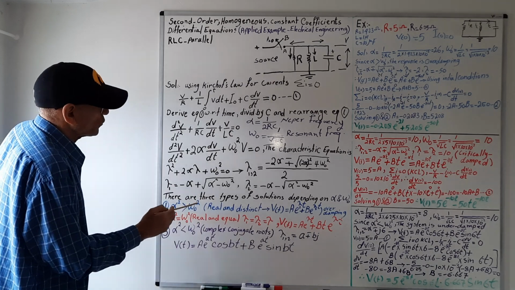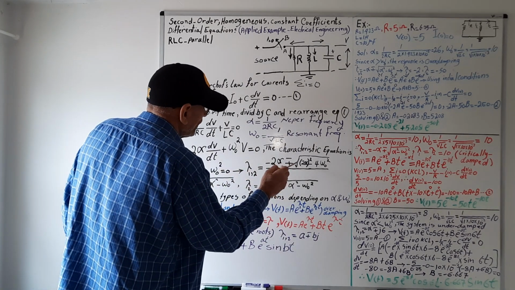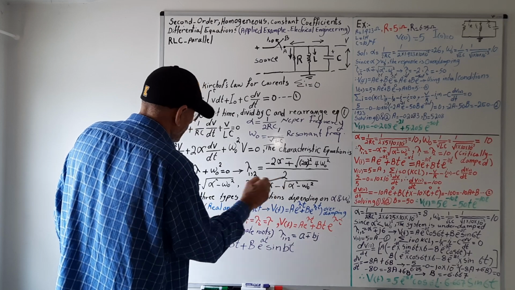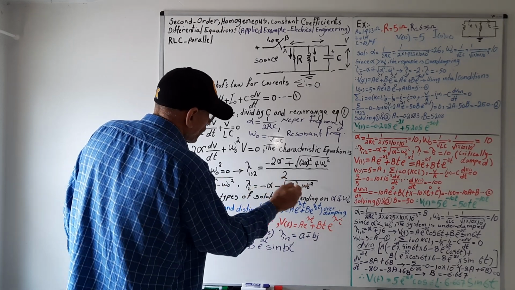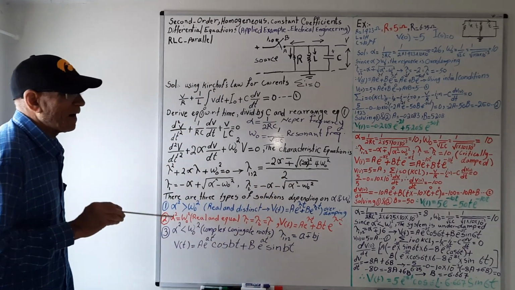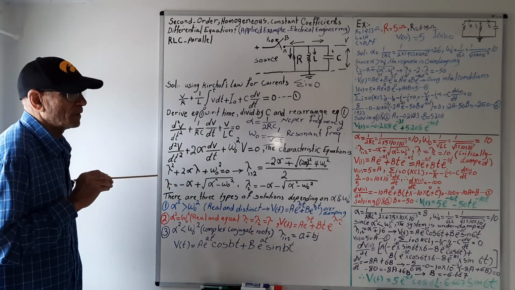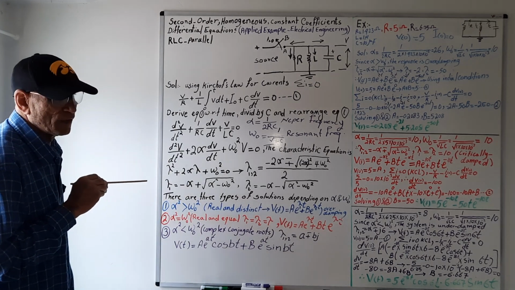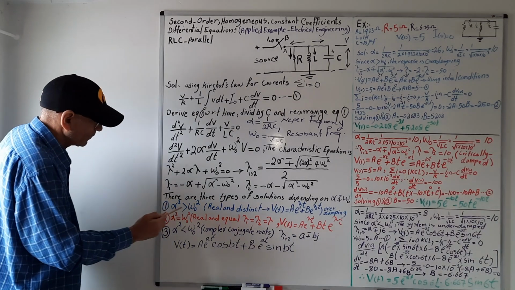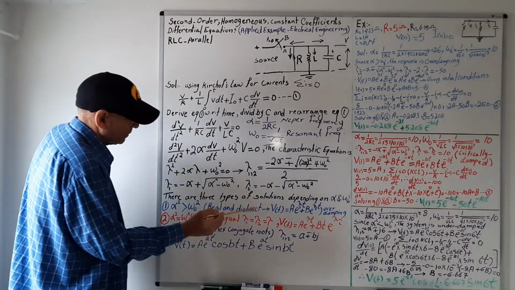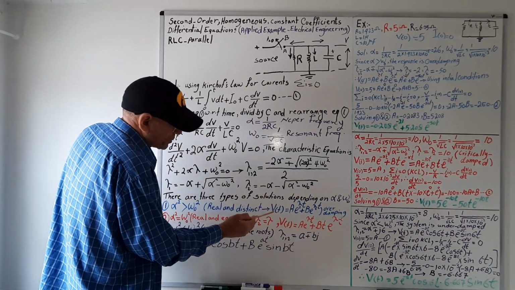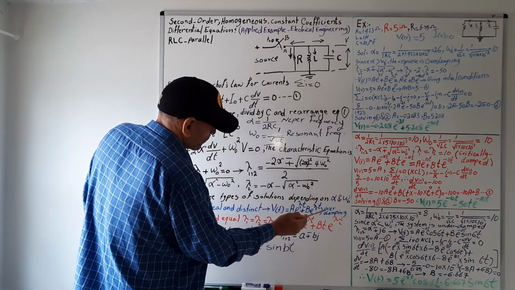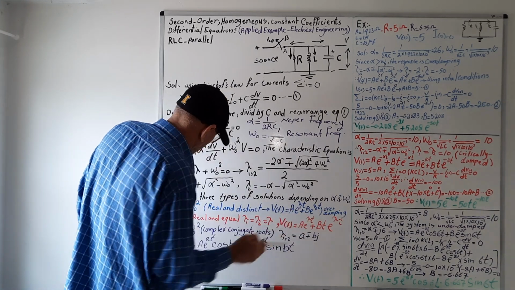The first case is when alpha squared is bigger than omega naught squared. We will have two different roots, real numbers different in value. And the solution for this type of roots will be this one, and it's called overdamped.